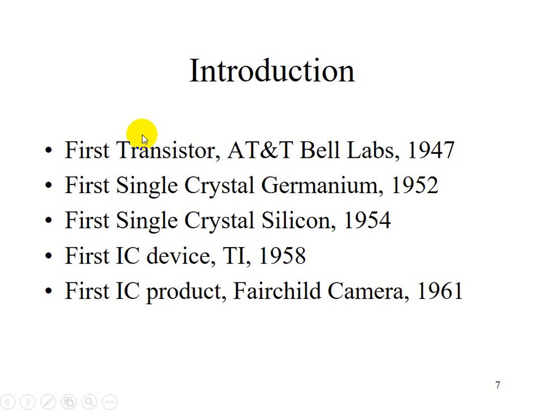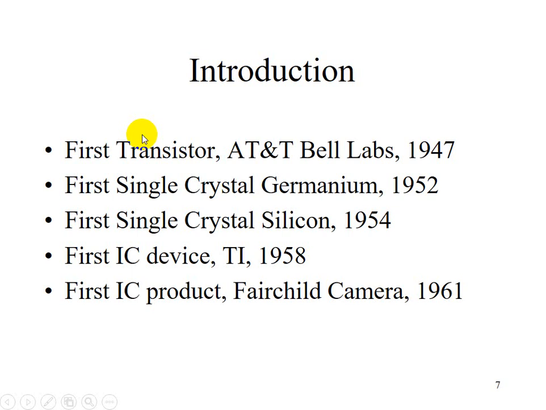And that is a single transistor. But the so-called integrated circuit, IC, means you have more than one element, one device, in the application. At Texas Instruments in 1958, the first integrated circuit was invented by Jack Kilby.